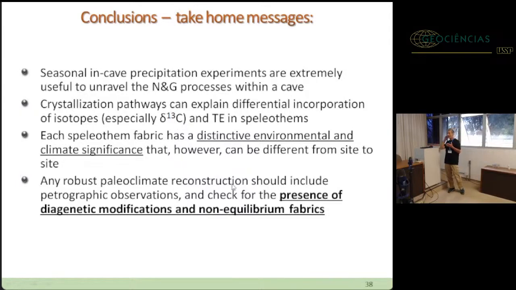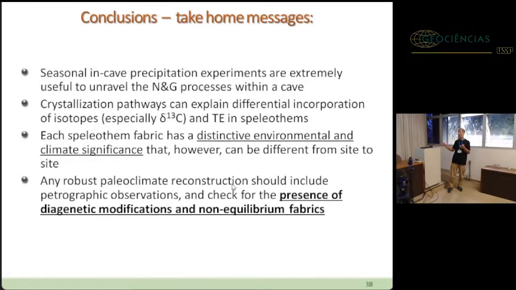So we have seen, and we will see, that each speleothem fabric has a distinctive environmental and climate significance. However, as for trace elements, this has to be tested cave by cave and stalagmite by stalagmite. So there's no simple rule that you can use to extract the environmental information from the stalagmite fabric.